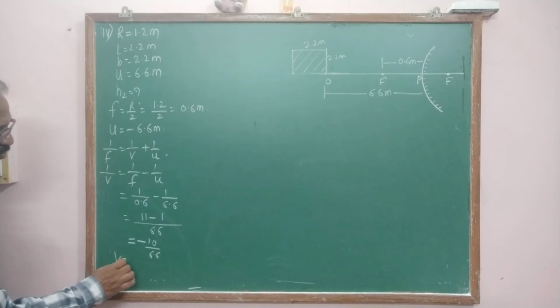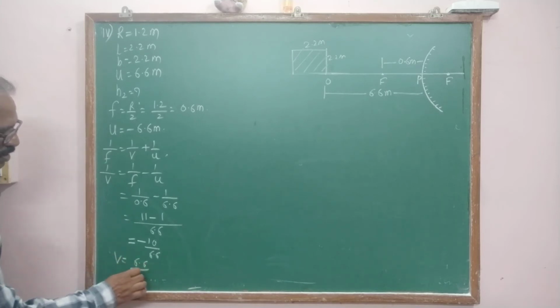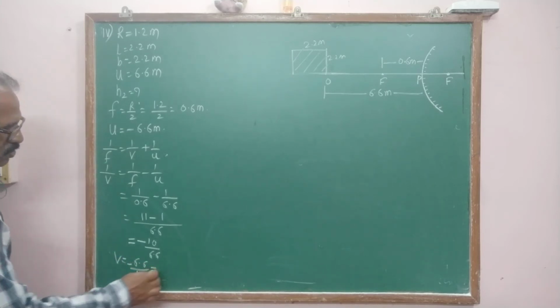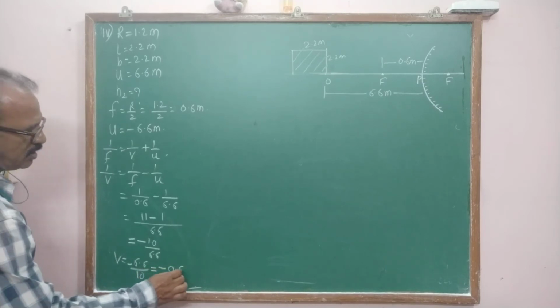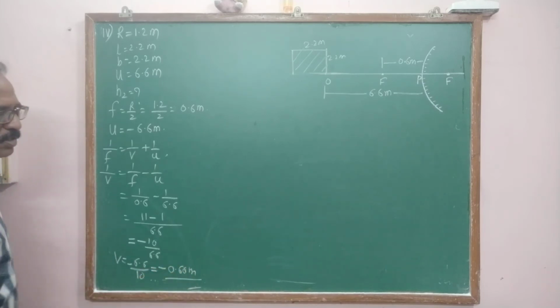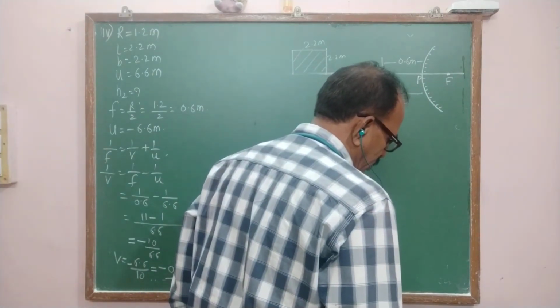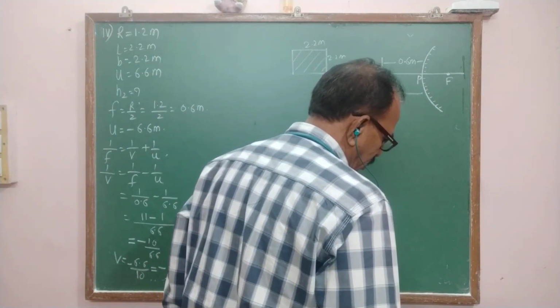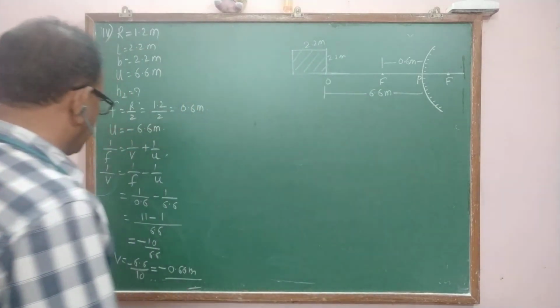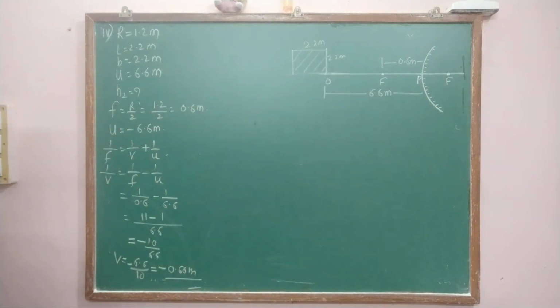So v is equal to 6.6 upon 10 with minus sign, so that will be minus 0.66 meter.